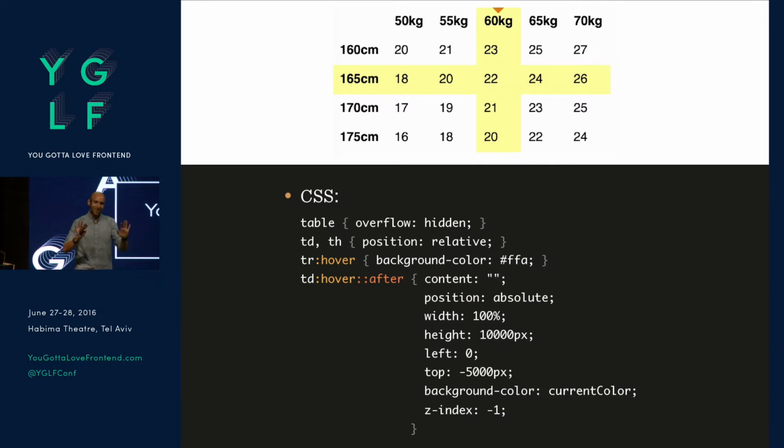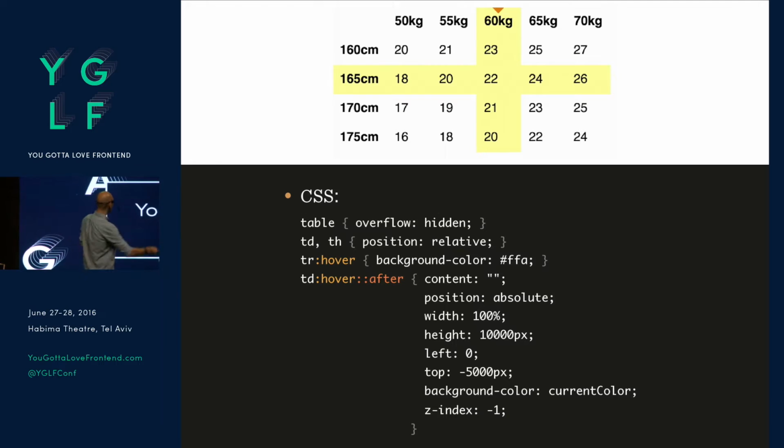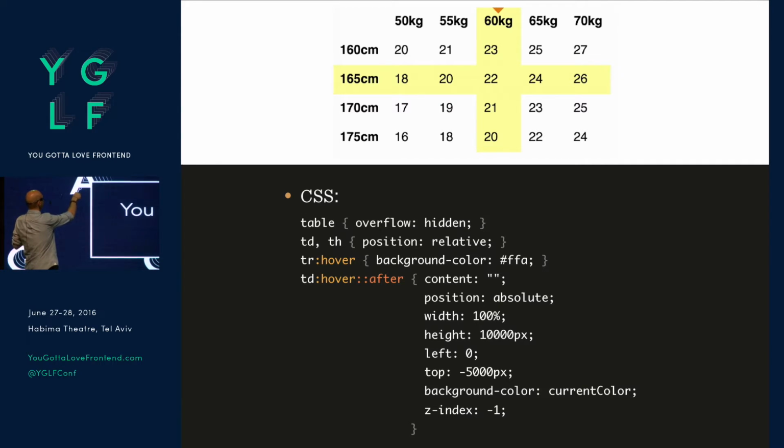Now, the first time I saw this in my life, I freaked out, literally, because I didn't know that I could do this. But you can actually put a pseudo-class and a pseudo-element, or a pseudo-element and a pseudo-class, and it actually works really well. So here's what we do. We put overflow hidden on the entire table. Then, obviously, we can use tr:hover on a row.